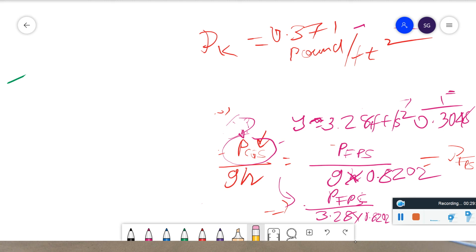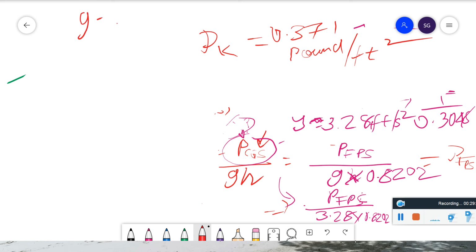Just note down what we have found out. G is equal to 3.28 feet per second square.